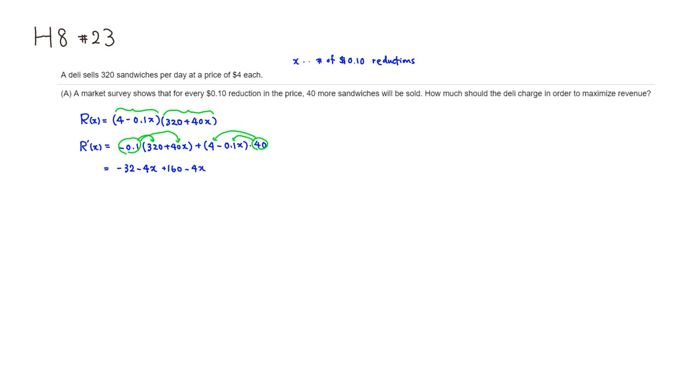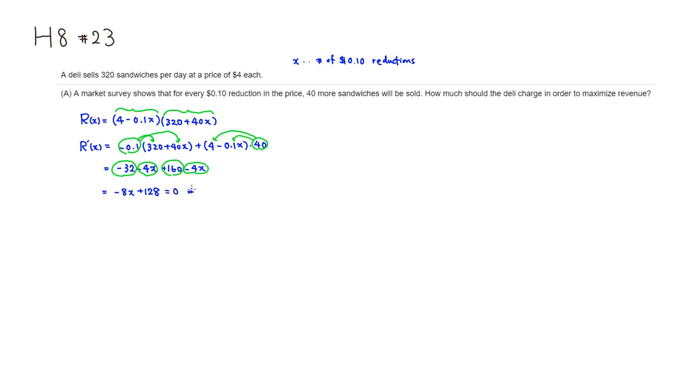Combining negative 4x and another negative 4x gives negative 8x. Then combine 160 and negative 32, so it's plus 128. We set that equal to 0.